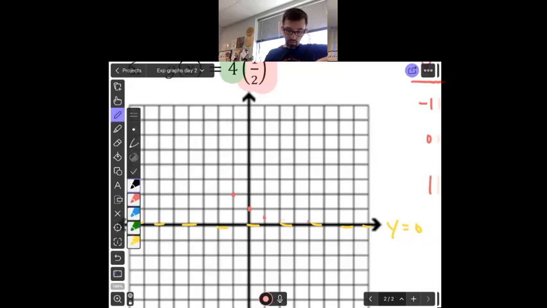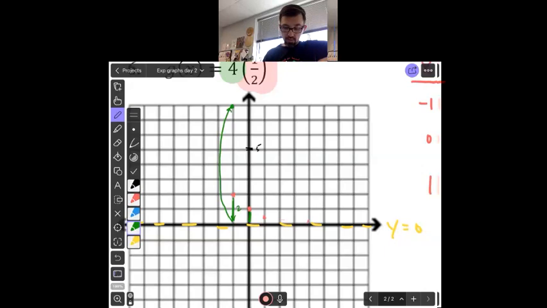Here's 5. So stretching that, so this is 2. So I'm going to go 8 up. That's 4 times further away from the x-axis than the original point. This is a distance of 1.